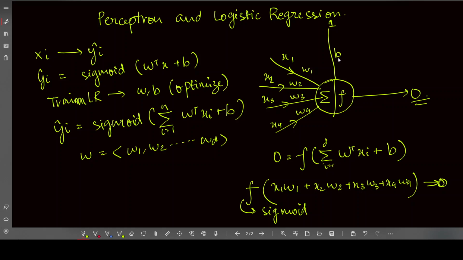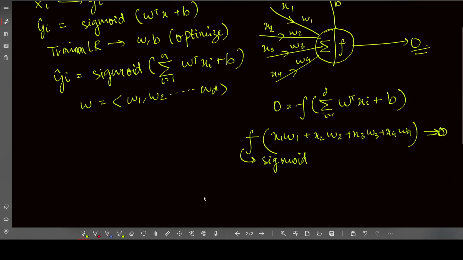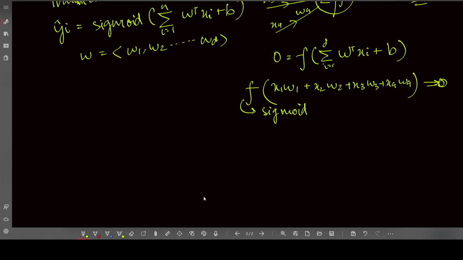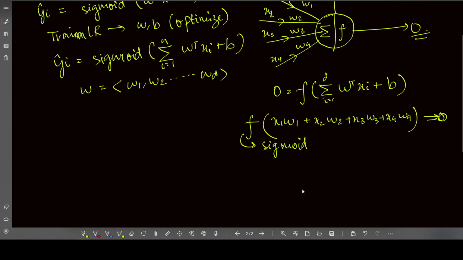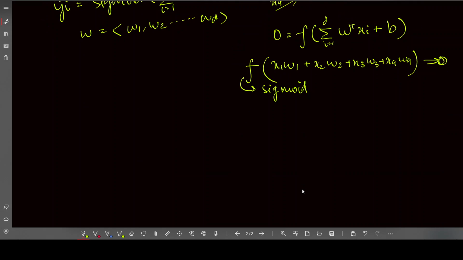So because b has to be optimized, it is supposed to be given as a weight to the input, right? So this is how you model a logistic regression using a perceptron model. So basically, the idea over here is that this f, the function from the perceptron, is basically a sigmoid function. And this is exactly the formula for logistic regression, correct?